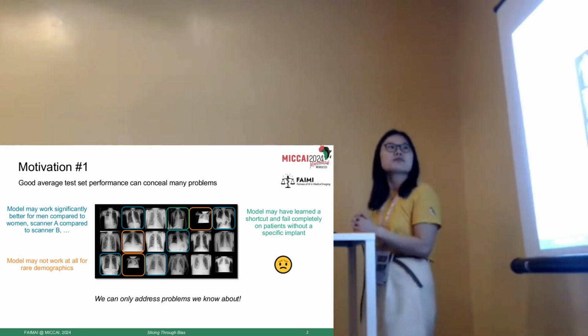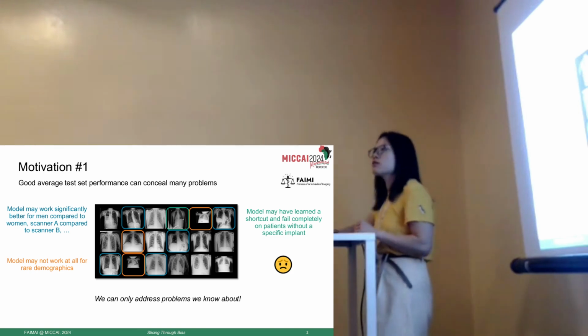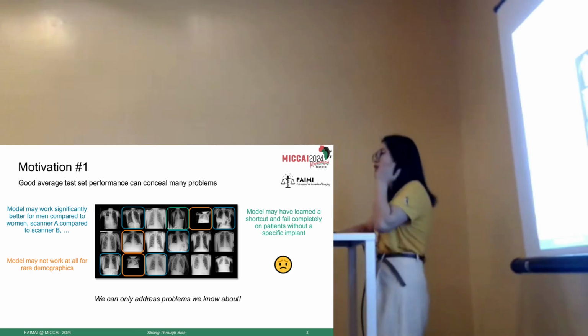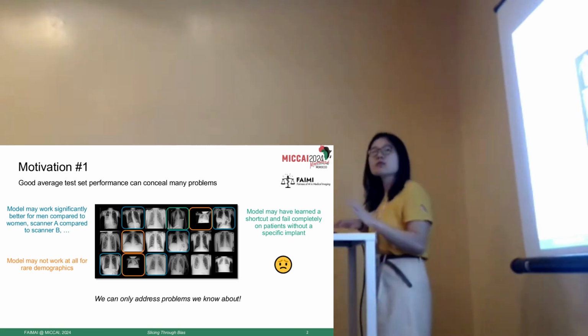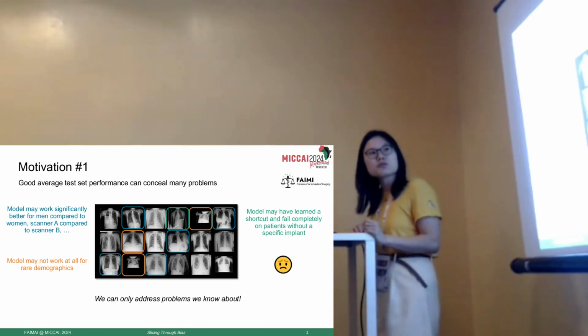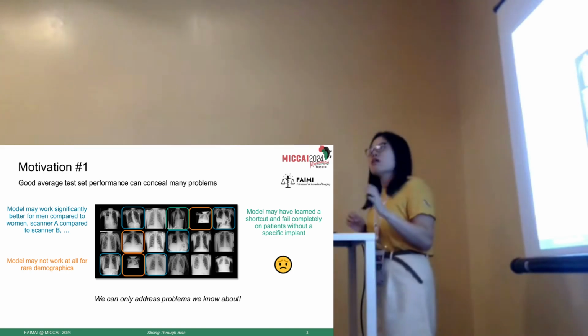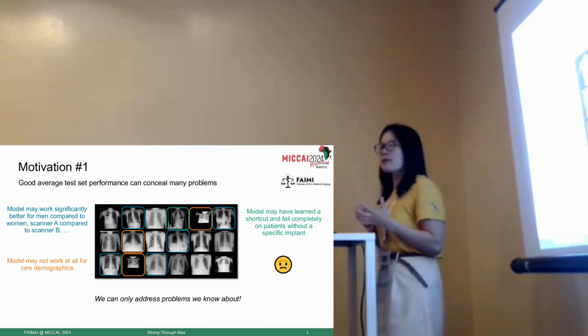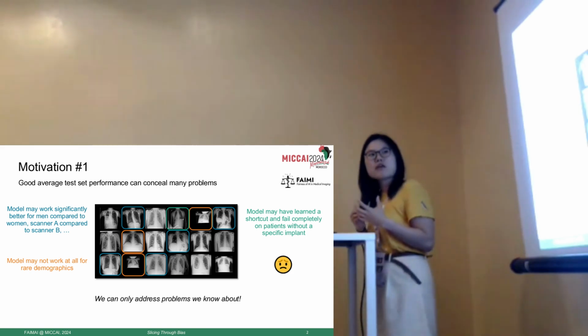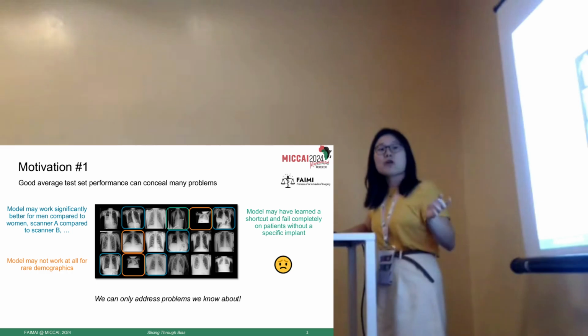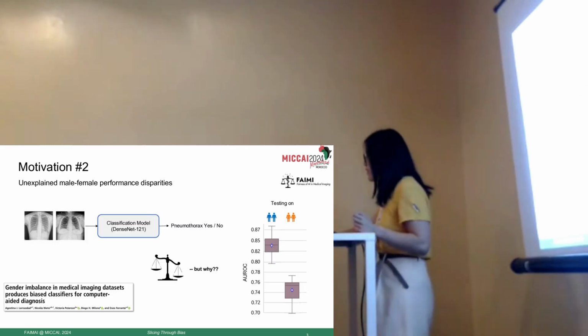So the average test performance doesn't mean we can conclude there is no problem. And even if you have a suspicion, for example about shortcuts, you have to be very specific and use actual labels to deal with the problem, so you can only address the problem that you already know.